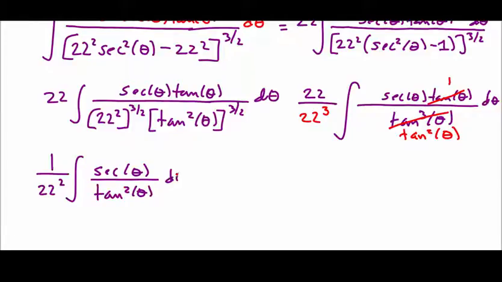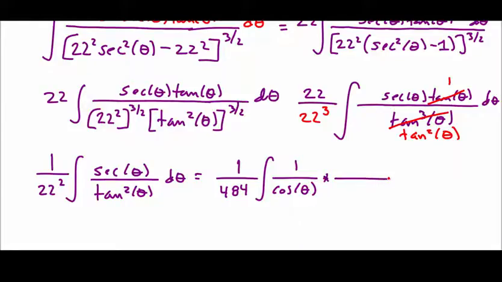Now the derivative of tangent is secant squared, so I don't have a nice little u du here. 22 squared was 484. So one of my other ways that I could work with these is I could rewrite these in terms of sines and cosines, and then hopefully something would pop out of this. Now when I divide by a fraction, tangent is sine over cosine, I multiply by the reciprocal. So this cosine pops up top.